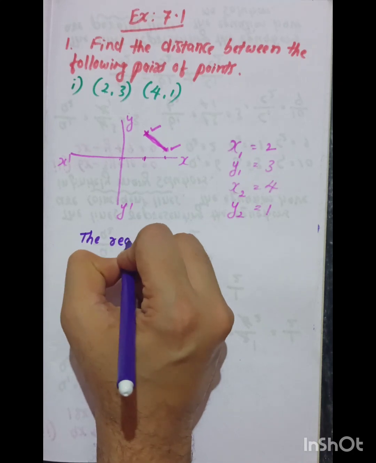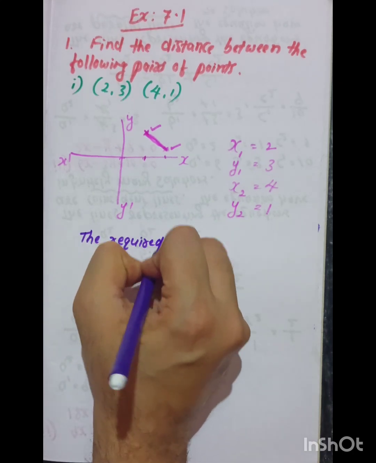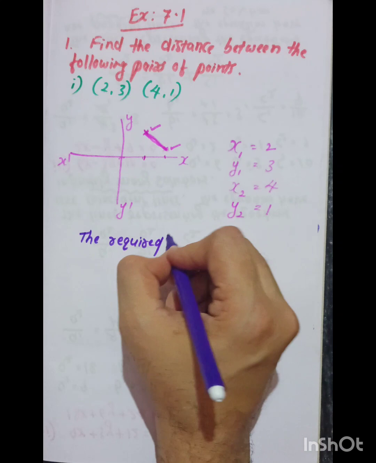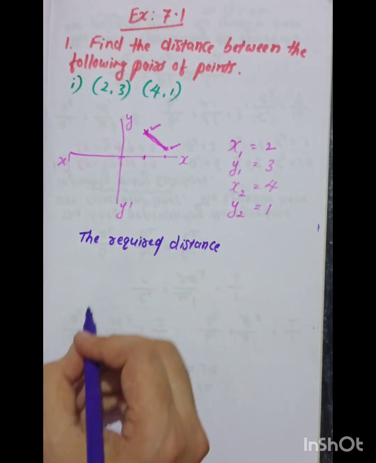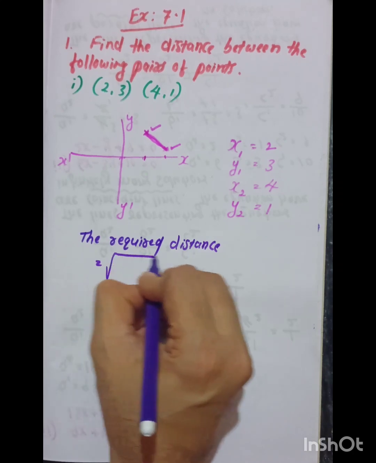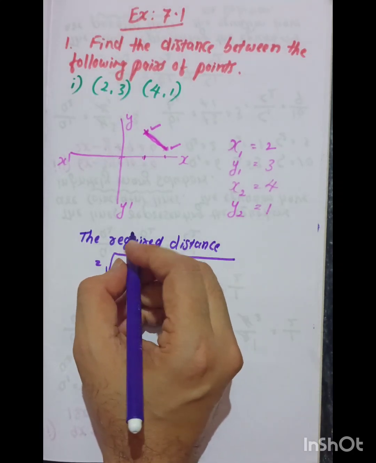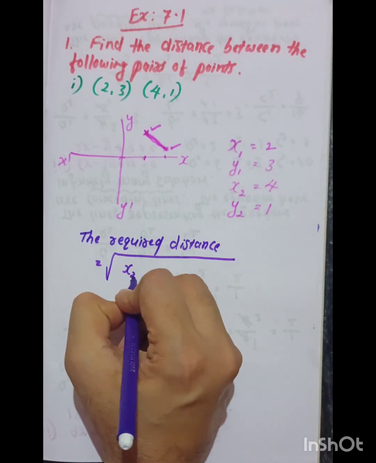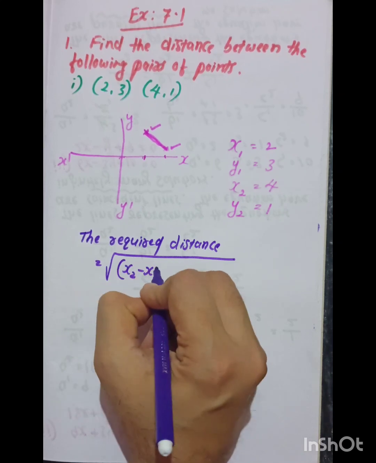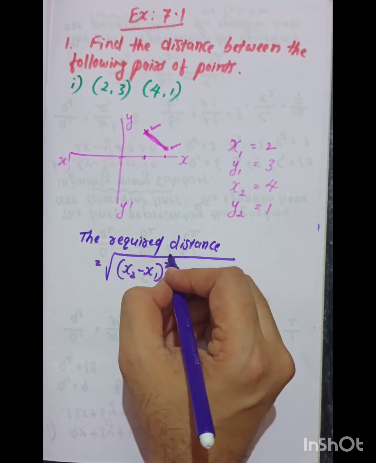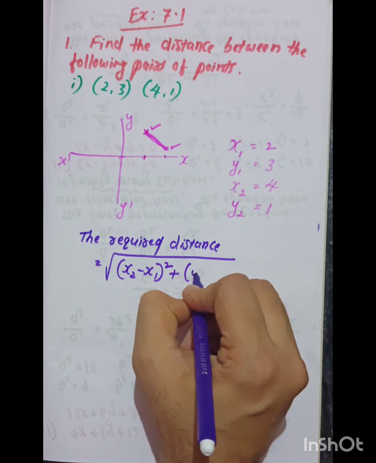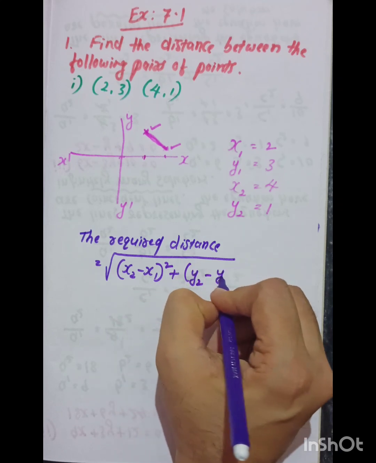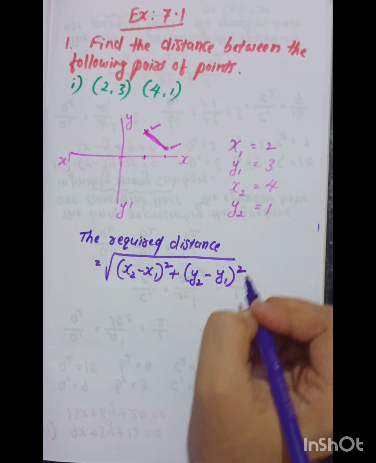The required distance equals the square root of (x2 minus x1) whole square plus (y2 minus y1) whole square.